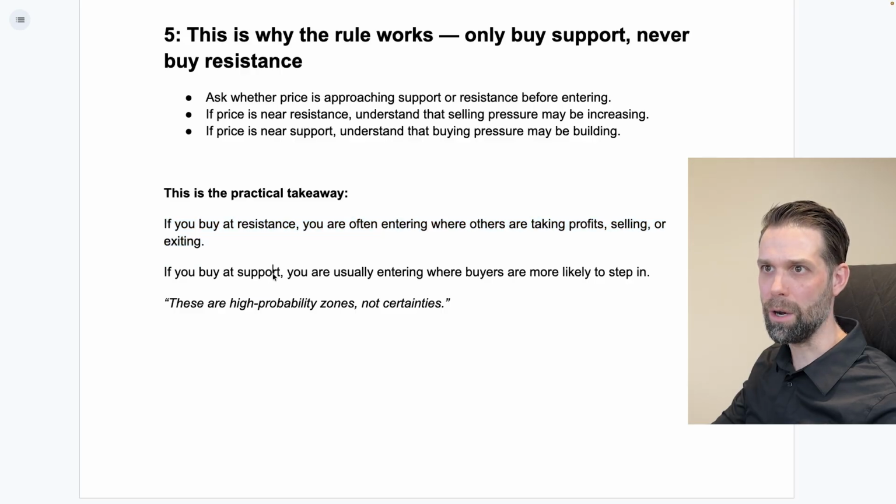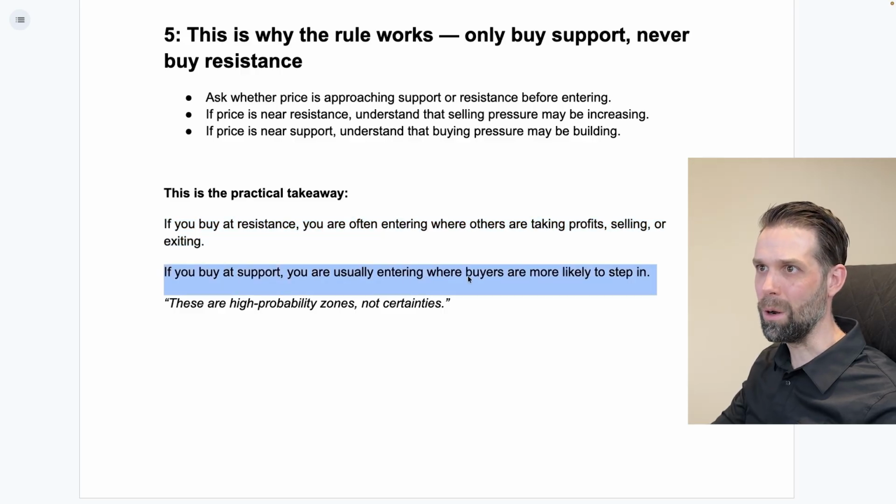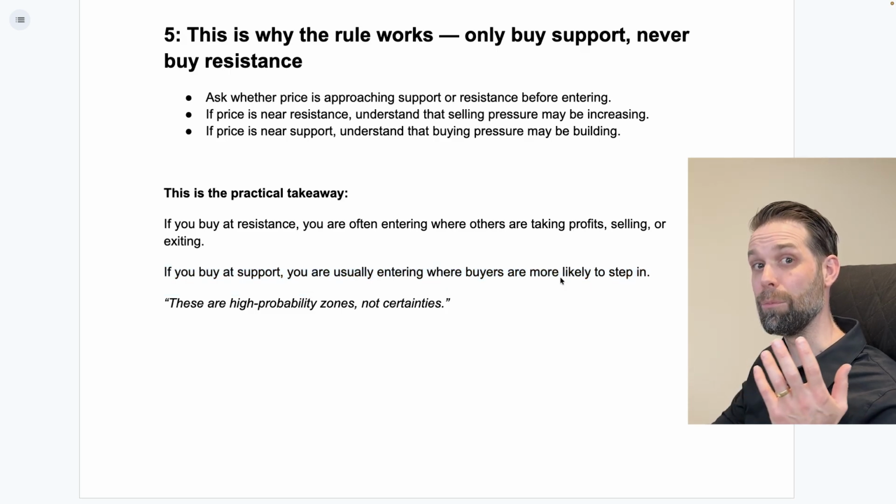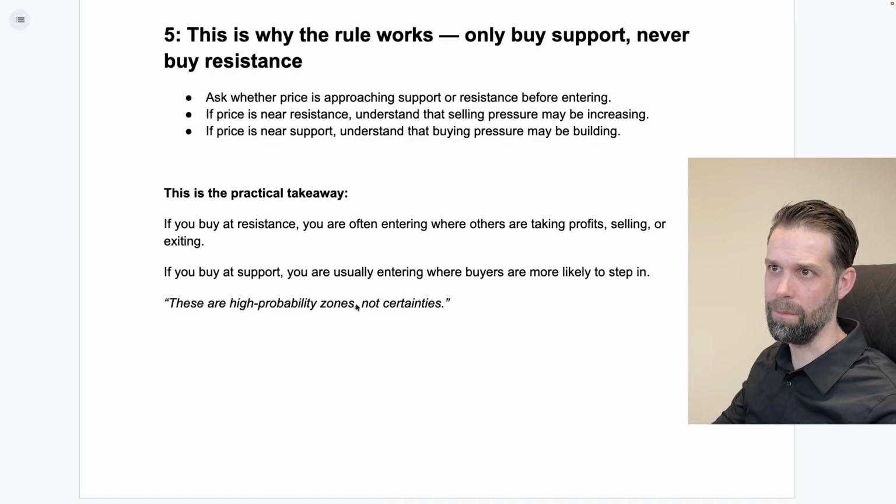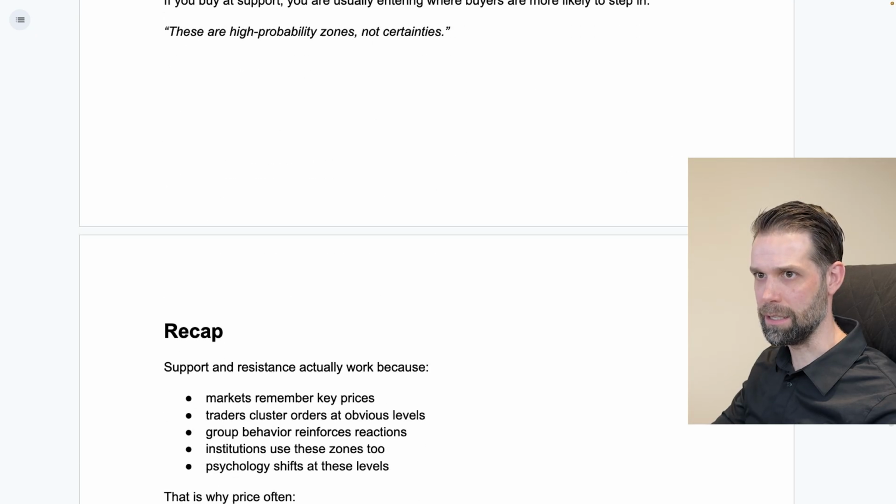If you buy at support, you are usually entering where buyers are more likely to also step in. So these are high probability zones, but again, they are not certainties. But the rule that we follow is we want to buy support and we want to be cautious at resistance.